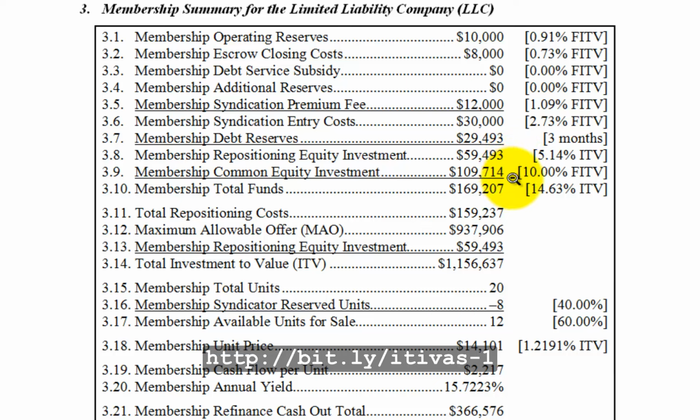The common equity investment is 10% of the financed investment to value. The total funding raising for the membership LLC is $169,207. When we calculate the total repositioning costs, plus the maximum allowable offer, plus the reposition equity investment, we come to a total investment to value of $1,156,636.